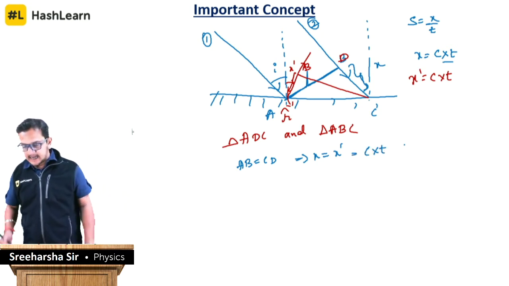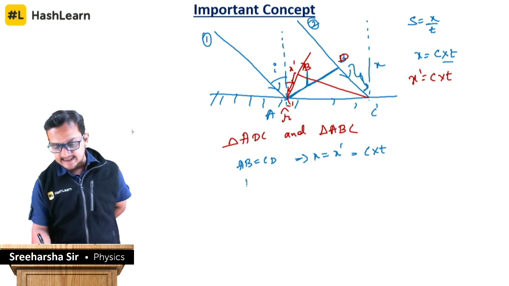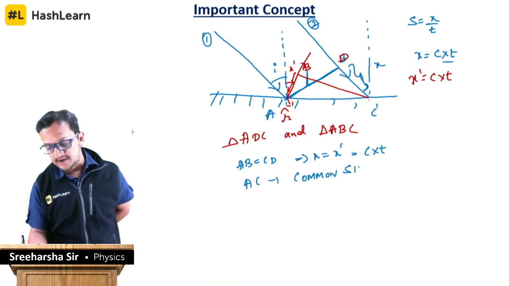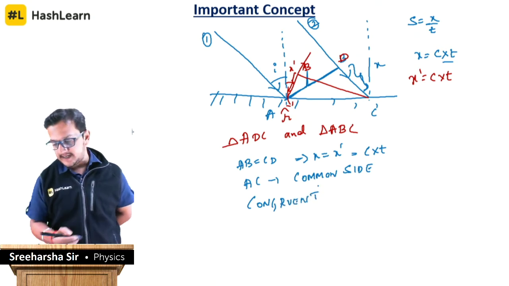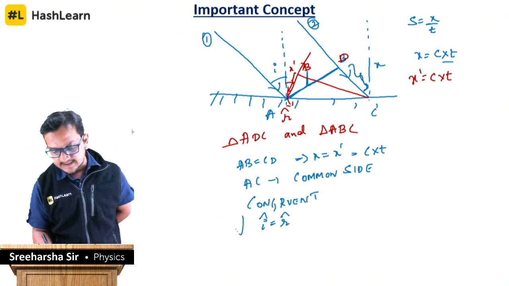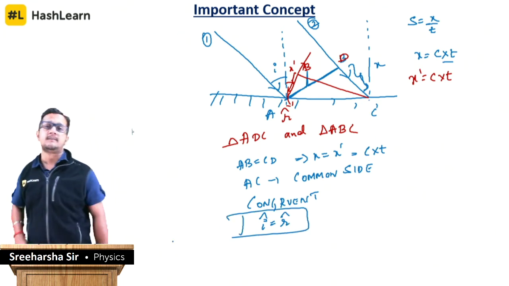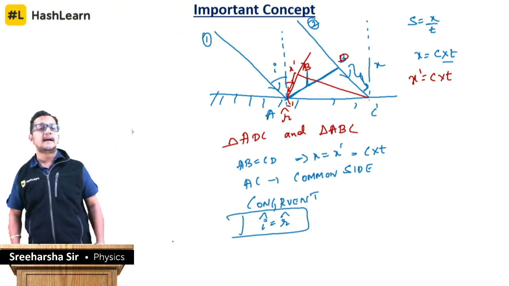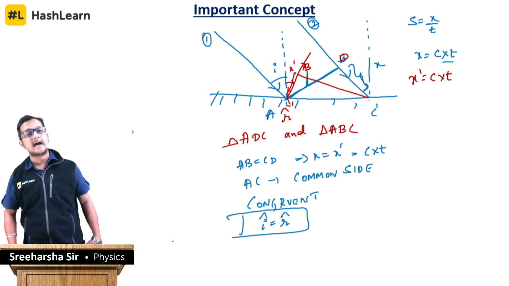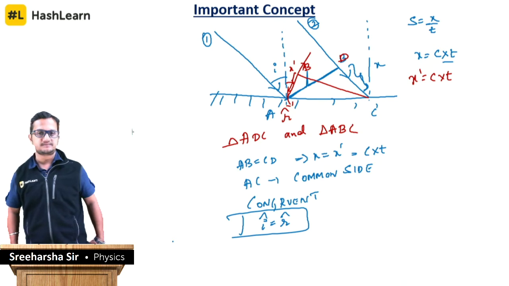And AC is a common side for both the triangles, which means these triangles are congruent. For congruent triangles, the corresponding angles will be the same, so the angle of incidence is equal to the angle of reflection. This is also called the proof of the law of reflection using Huygens wave principle.